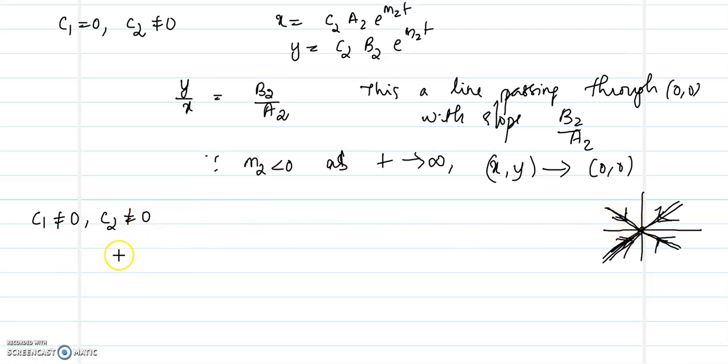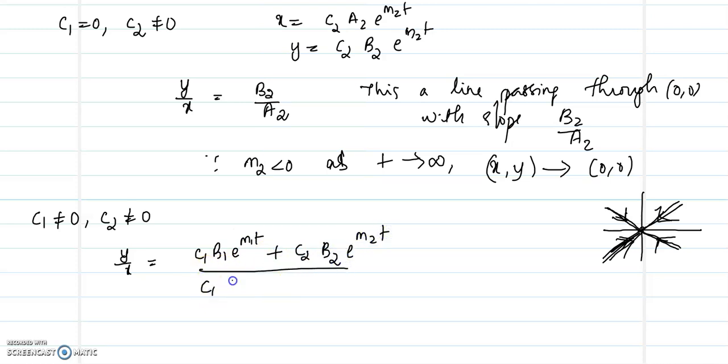So we'll get y by x equal to c1 b1 e raised to m1t plus c2 b2 e raised to m2t, divided by c1 a1 e raised to m1t plus c2 a2 e raised to m2t.